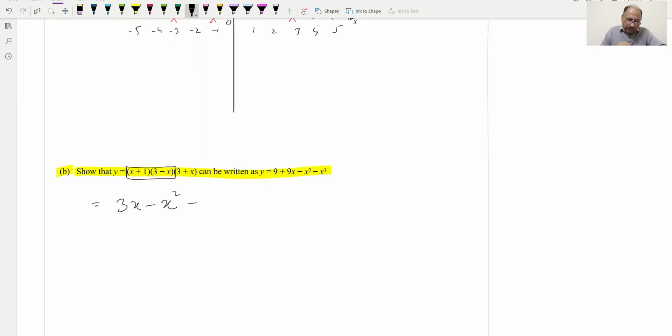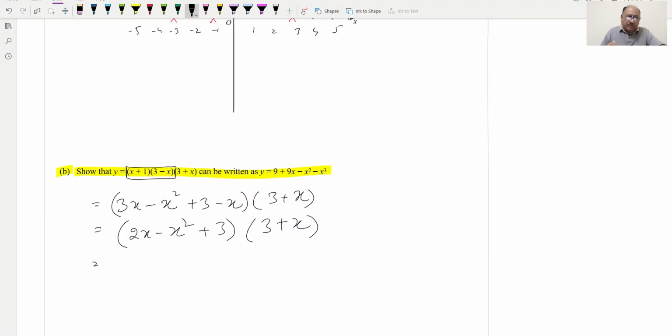Now we can add the like terms and write 2x minus x squared plus 3, and 3 plus x. Now we multiply again: 2x multiplied by 3 will be 6x, 2x multiplied by x will be plus 2x squared, then minus x squared multiplied by 3 will be minus 3x squared, and minus x squared multiplied by plus x will be minus x cubed. 3 multiplied by 3 will be 9, and 3 multiplied by x will be plus 3x.